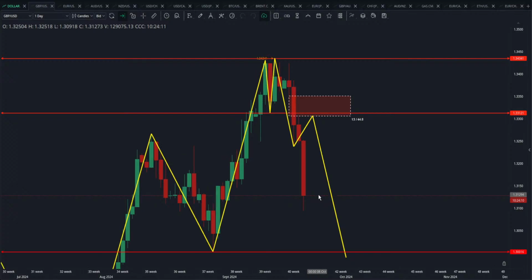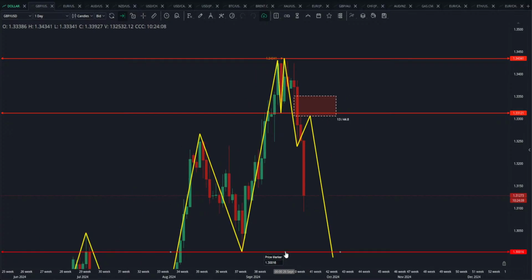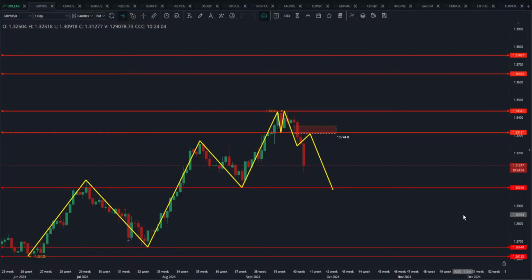But yes, we have the possibility of the price going back to this area of 1.30016, and also maybe if it trades and stays below it, then it can also go to 1.26648. So keep these two levels on your charts, and on the upside, if you want, you can keep 1.3312 also on your chart, because if the price starts going up from here, it may find huge resistance at this place and it can offer you another selling opportunity.